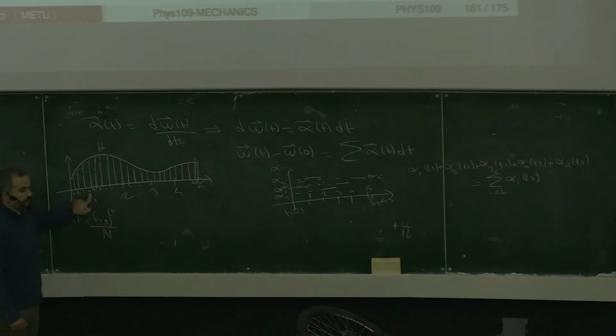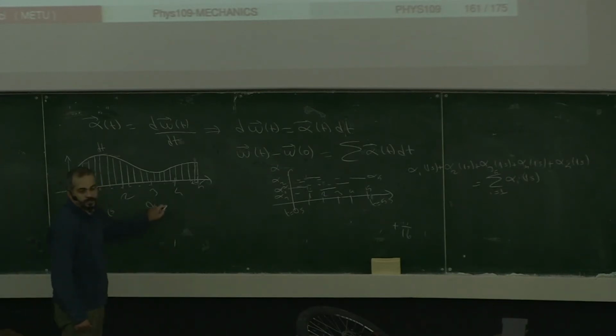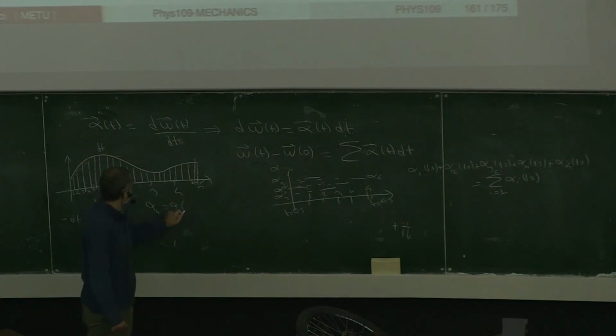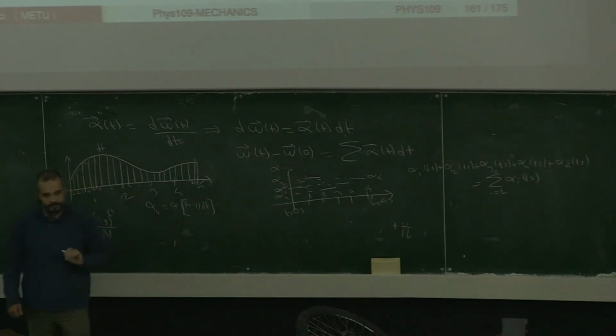Or if I look at the fourth interval, the time at this point is 3 dt. So the acceleration at the fourth interval, alpha 4, let's call it, is nothing but alpha at the time (4 minus 1) dt of this broken curve.